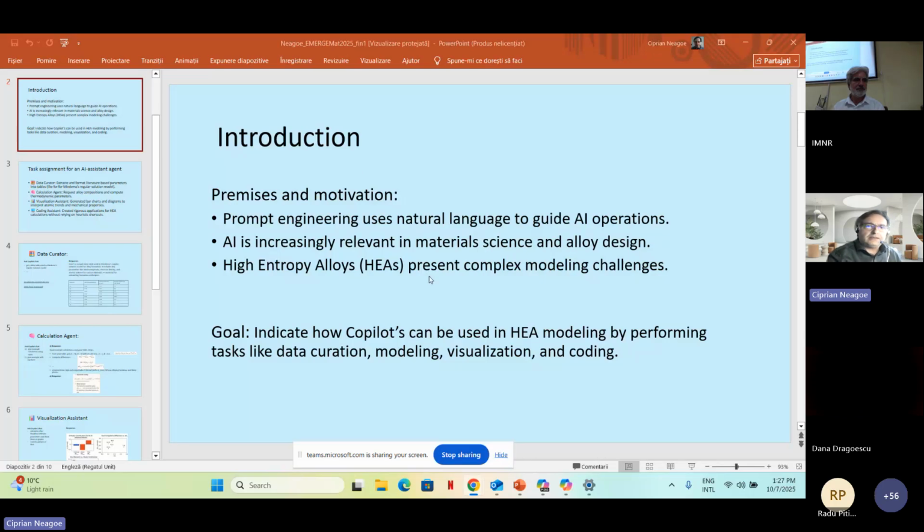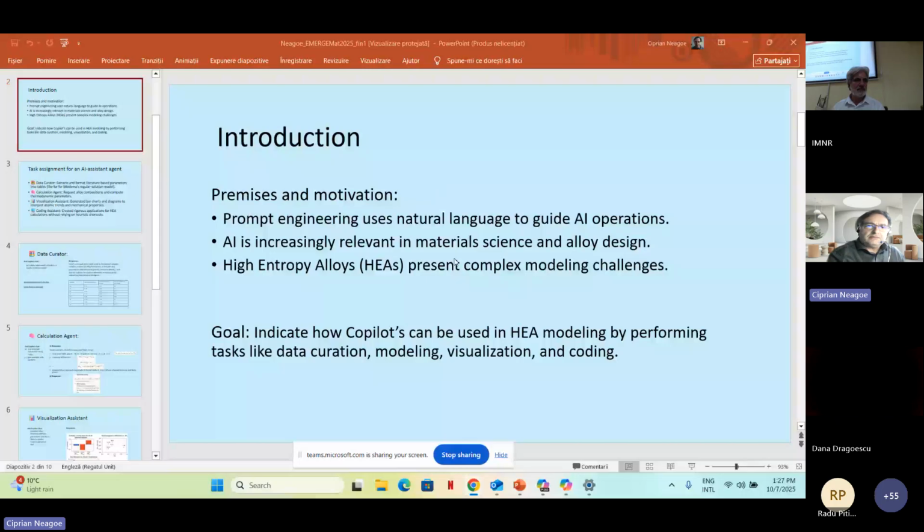Those models cost an enormous amount of money, so we are not able to even think about developing our own, but we can use the ones that are already developed. Everybody knows about ChatGPT, but Copilot is something affordable from Microsoft.